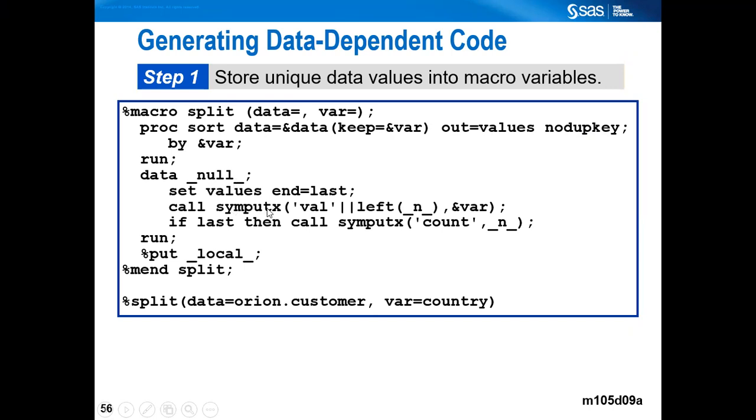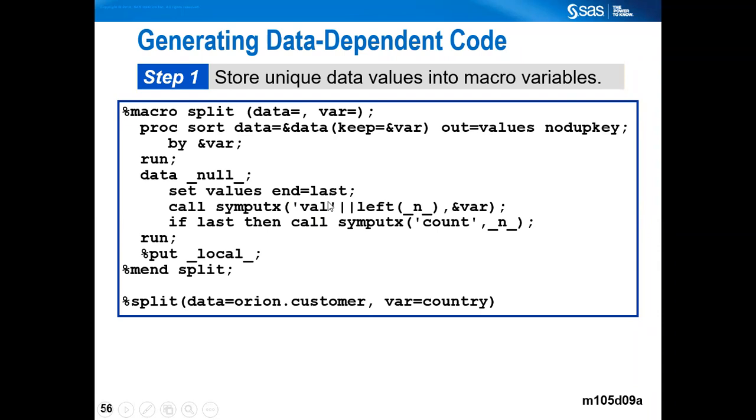Call input text works only in a data step. Hence you write a data step with underscore null underscore as the keyword. Set is the sorted data set name, and last is the temporary variable you are creating, which is an indicator of the end of the file marker.